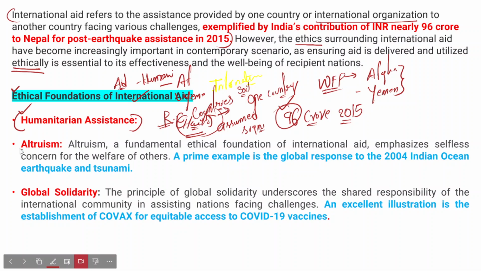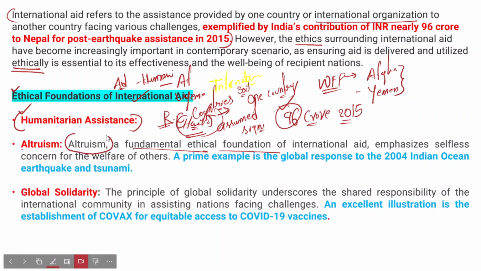Altruism is another such factor. Altruism is showing love and compassion towards others who are facing problems, and you also feel happy whenever they come out of those problems. Altruism is a fundamental ethical foundation in all international aid related matters.